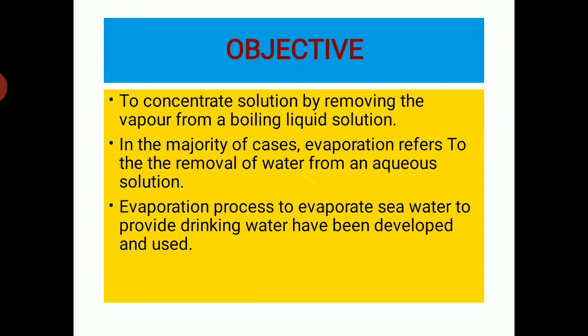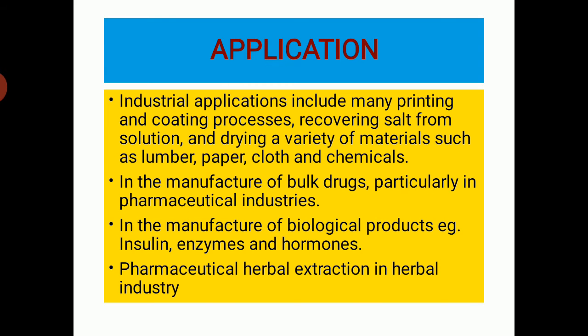Therefore, the practical definition of evaporation is the removal of solvent from the solution by boiling the liquor in a suitable vessel and withdrawing the vapor, leaving a concentrated liquid residue in the vessel. Evaporation sometimes overlaps with other heat processes, though some differences can be drawn.